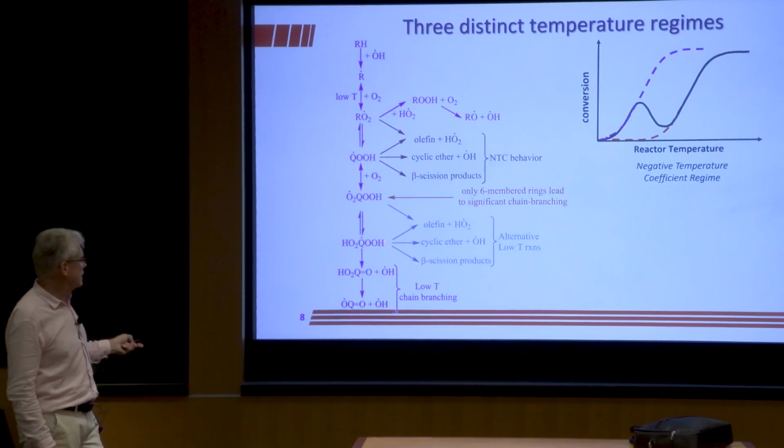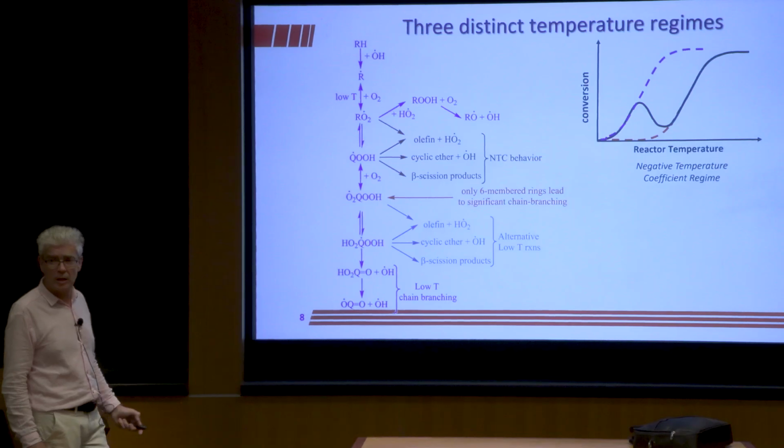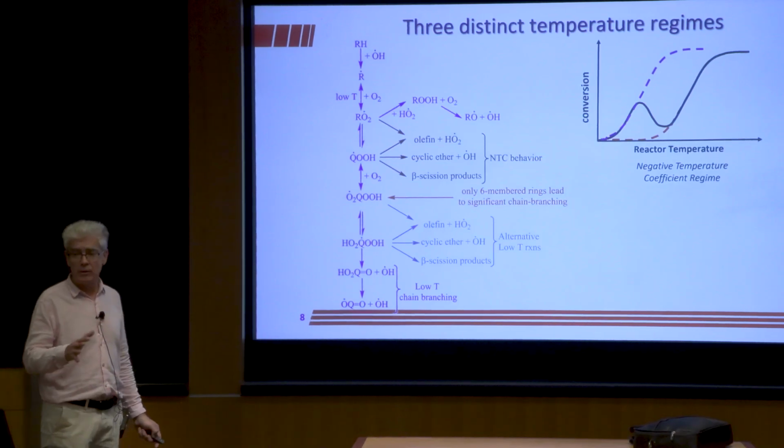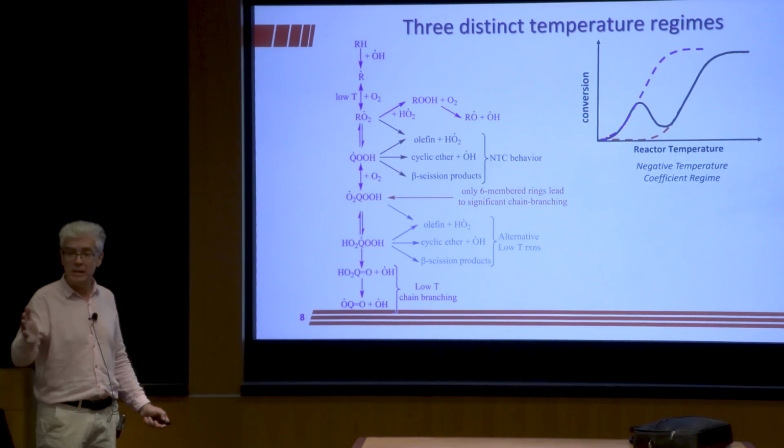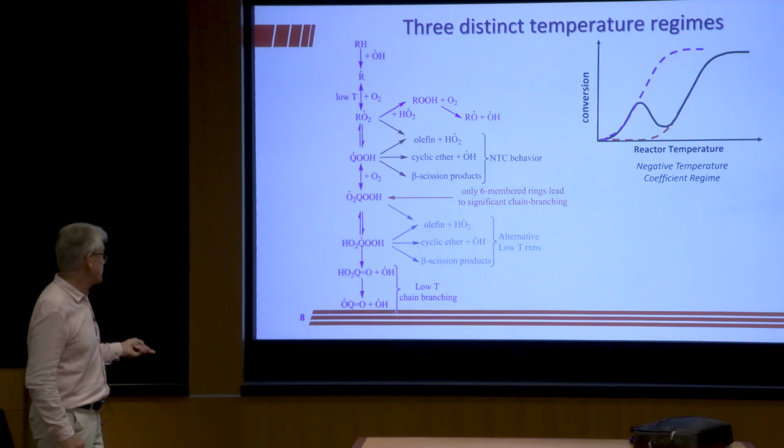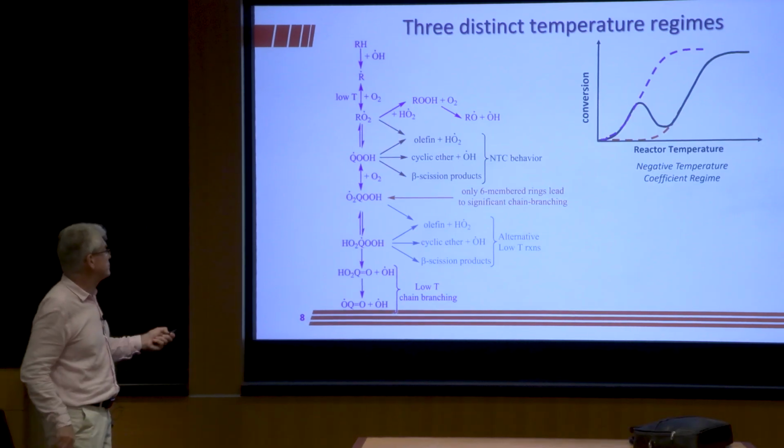And then when you form this radical, there's not much chemistry stemming from this radical here. Most of it goes to a carbonyl hydroperoxide plus OH. I'll talk about that later today, actually. And then you get these branching products.